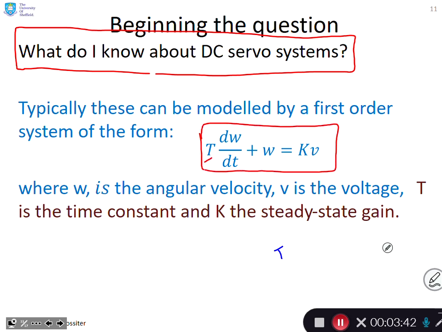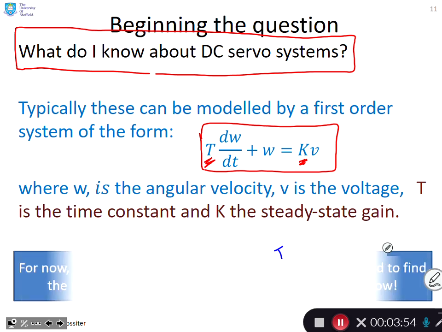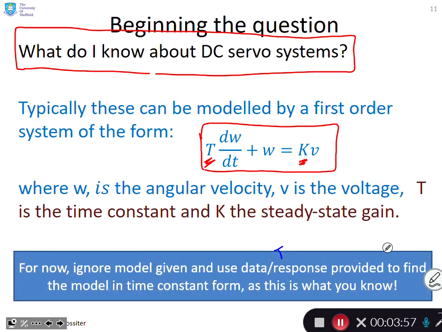You'll see I've got a time constant T and a steady state gain K. So I've put T d omega/dt plus omega equals KV. Omega the angular velocity, V the voltage, T the time constant, K the steady state gain. Now, what I'm going to do is ignore the model provided in the question, and instead I'm going to use this time constant form, because I understand the time constant form. I know what I'm looking for.